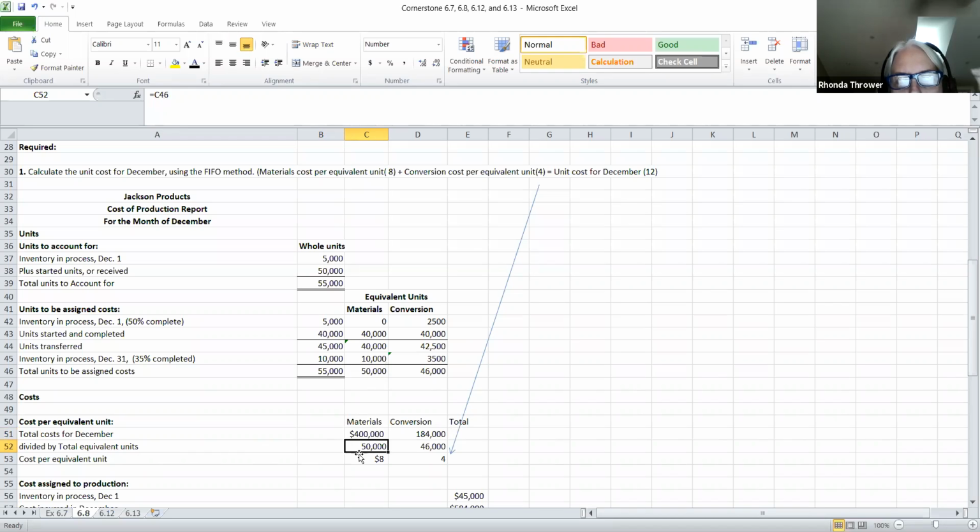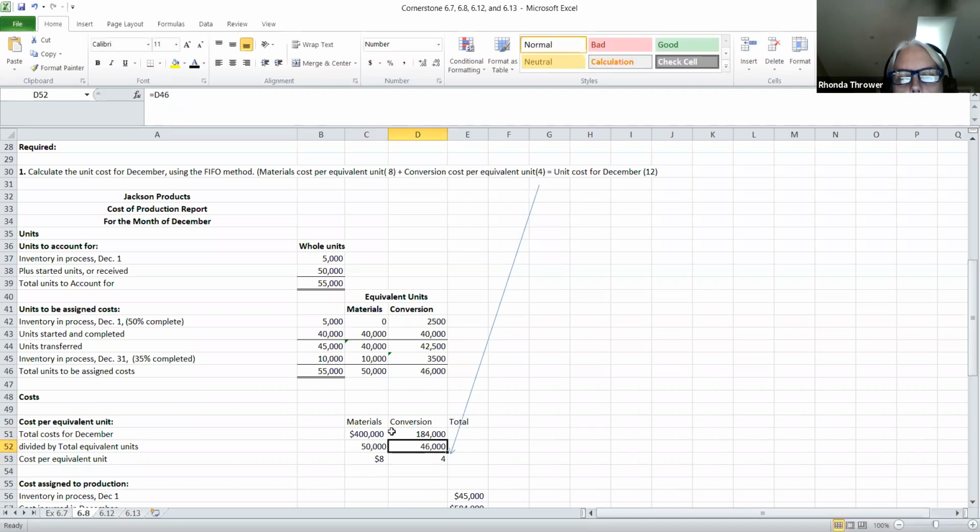And we divide 50,000 units into 400,000, and it's going to give me $8, which is my materials cost per equivalent unit. $8 is my materials cost per equivalent unit. 50,000 divided into 400,000 is $8. For your conversion cost, it was given in cell D25.